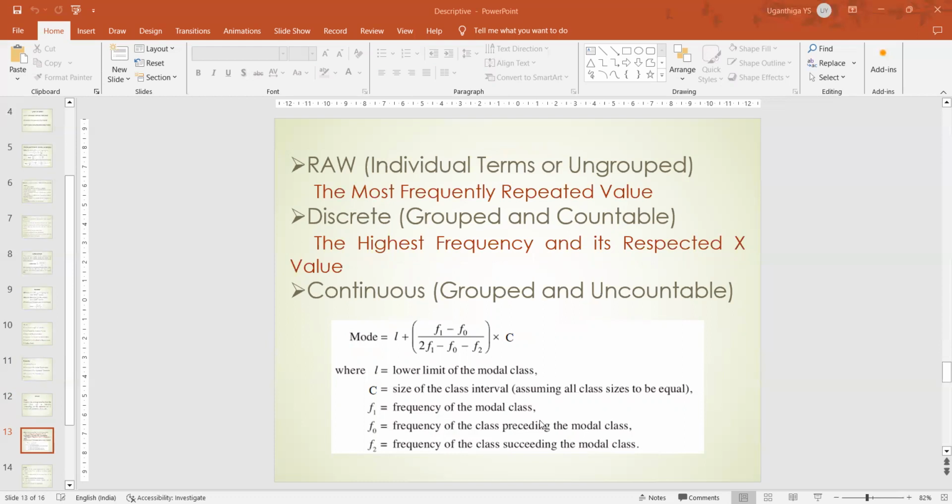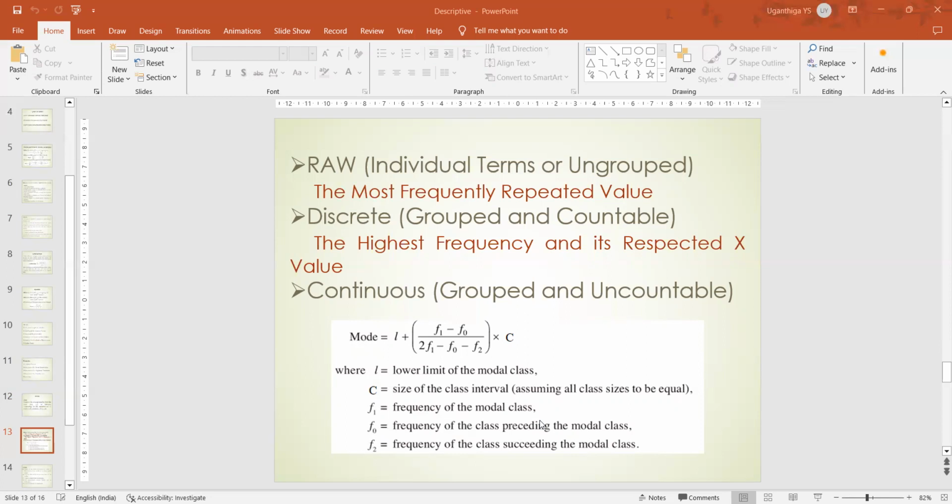For discrete data, frequency is nothing but how many times a specific value is repeated. So we can identify the highest frequency and the respective x value. That means the highest frequency shows the respective x value is repeated the most number of times. That way we observe the mode.